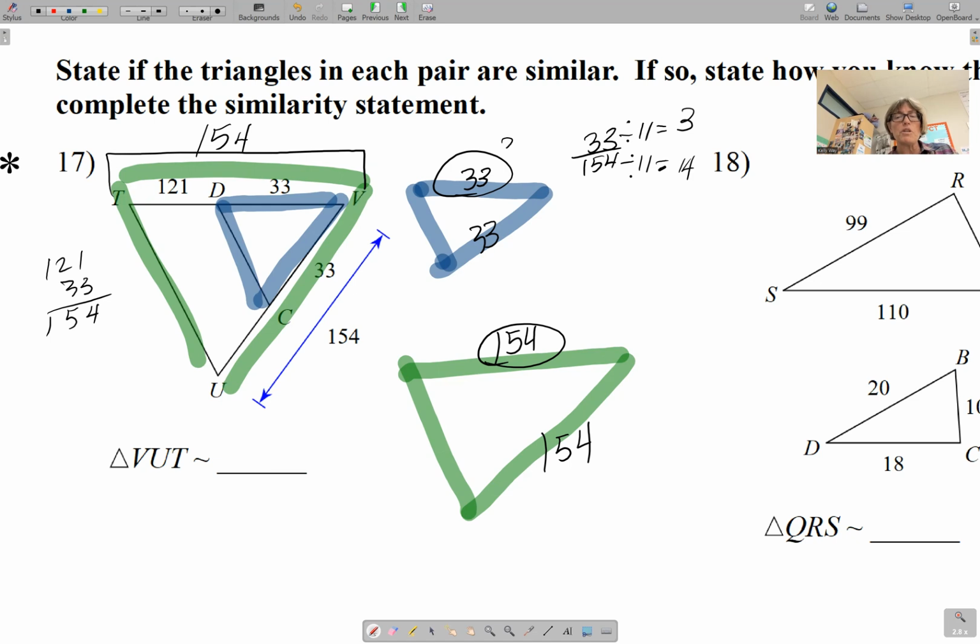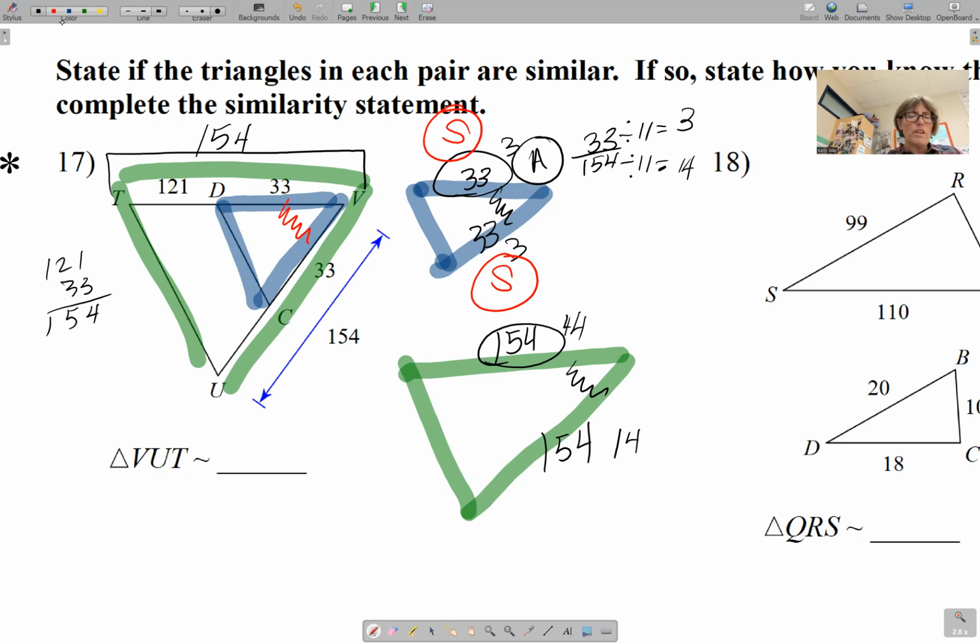So it's 3 to 14 is my ratio, and 3 to 14 is my ratio. So my side ratios are equal. So I have a pair of side ratios and another pair of side ratios. They also share this angle right here, because it is a reflexive angle.